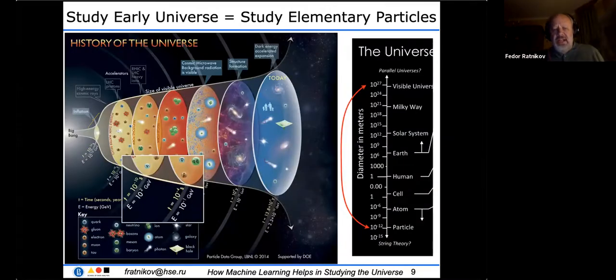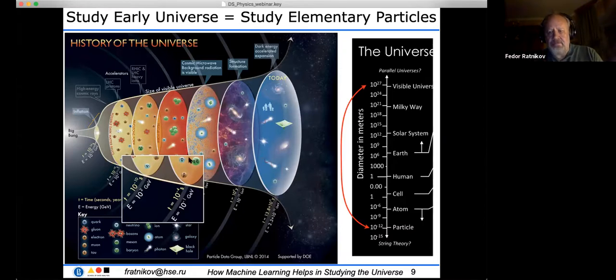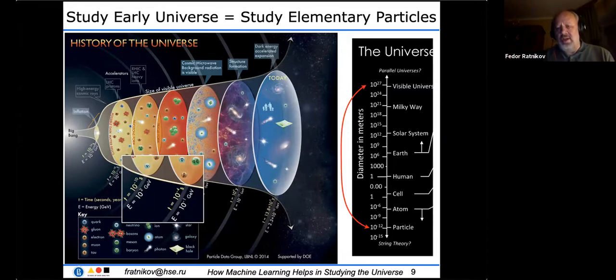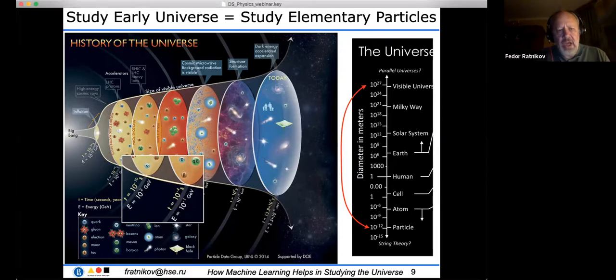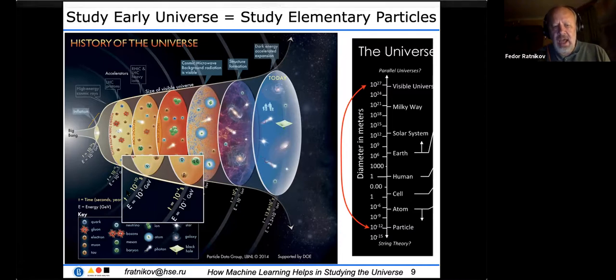Okay. So how can we study these problems? Now we come to an interesting point: I'll try to explain how the physics of the universe and the physics of elementary particles are related, at the super big and super small scales. Here I zoomed in on this region. One axis is the time since the Big Bang corresponding to that state, and another important one is the energy, the average energy of the universe at that point.